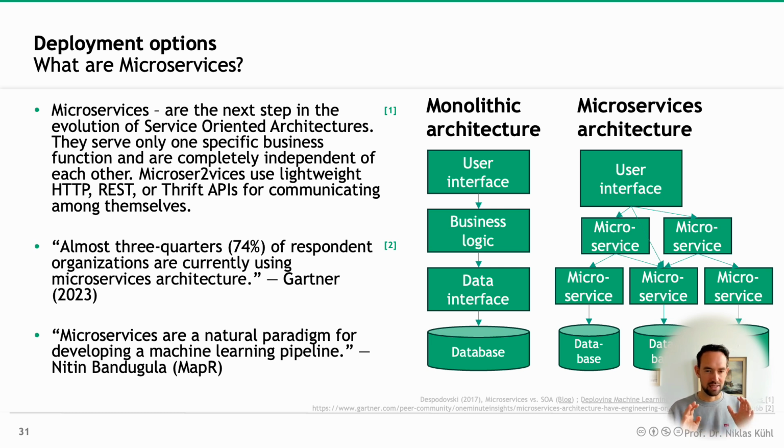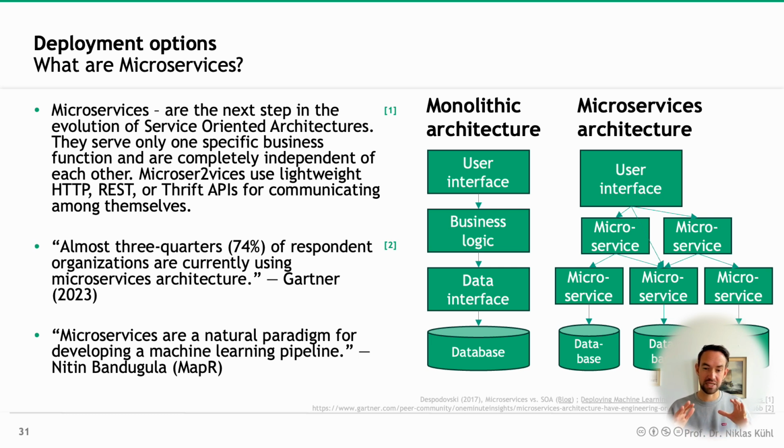But the important thing is that you see that we now move into this overall microservices architecture, where you have a user interface on the one hand, and then an orchestration of many, many microservices. And if you look at recent quotes, there's one from Gartner from 2023, which says that almost 3/4 of respondent organizations are currently using microservices architecture.